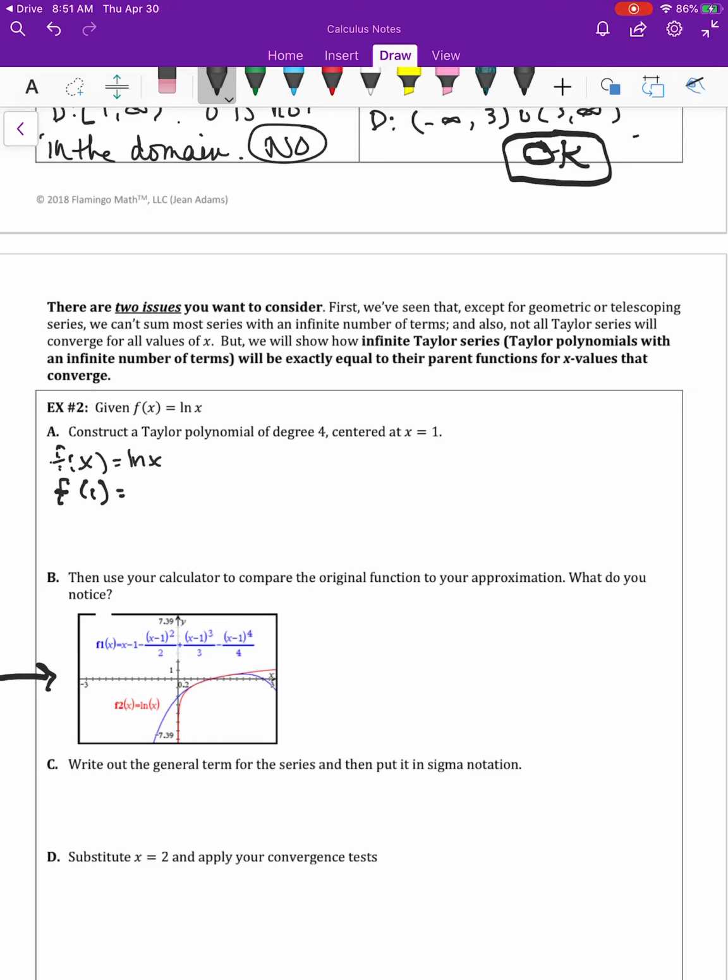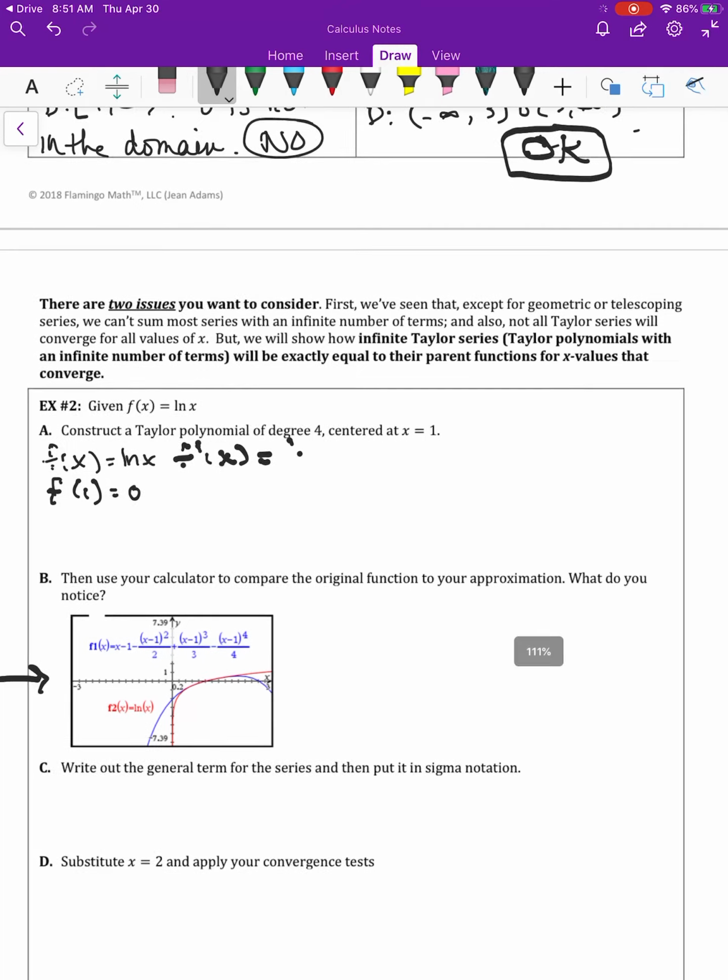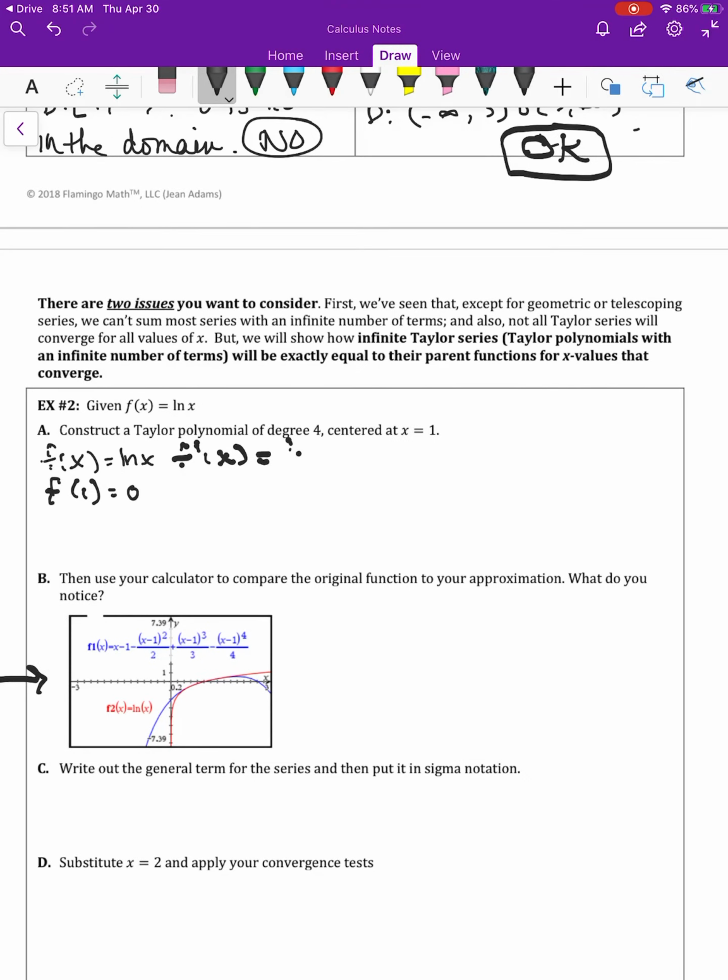Since they want to center it at 1, we're going to calculate f of 1, which is 0. And then we take our first derivative, 1 over x.